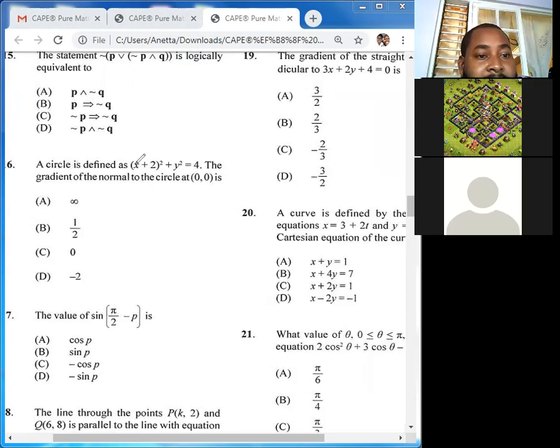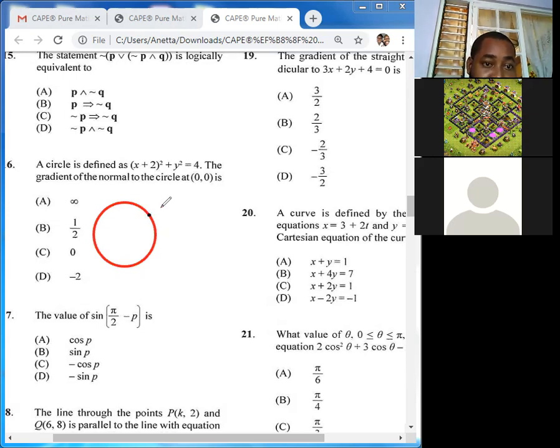So the question says the circle is defined by this equation. They want to know what the gradient of the normal to the circle is at this point. So this is a point on the circle. All you need to know is the coordinates of the center. If I put a circle here, for example, not really worry about where the x and y axis is. The point is, it's not centered at the origin.